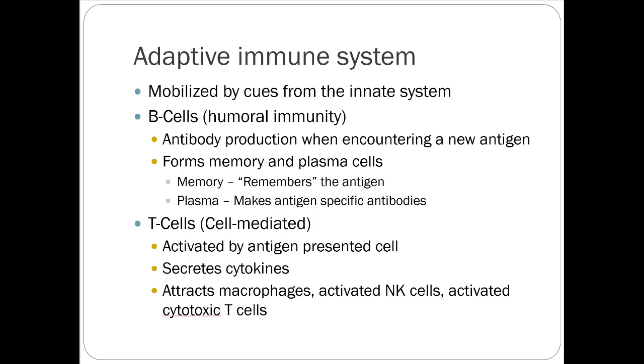The memory is what remembers the antigen, and the plasma cells make antigen-specific antibodies, as a very basic overview of this. T cells are activated by antigen-presenting cells. They secrete cytokines, attract macrophages, natural killer cells, and they activate the cytotoxic T cells. So this is a process that works in conjunction with each other. You get the different types of immunity here that help to stave off various infections.